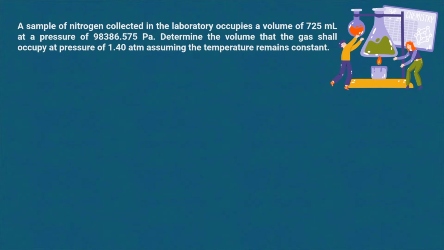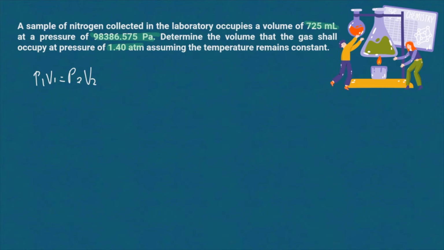So for this question, we need to use a slightly different formula. We are going to use the formula P1 V1 equivalent to P2 V2. But before that, we need to look at the question again. It states here that the pressure is in Pascal instead of atm and the volume is in milliliter.